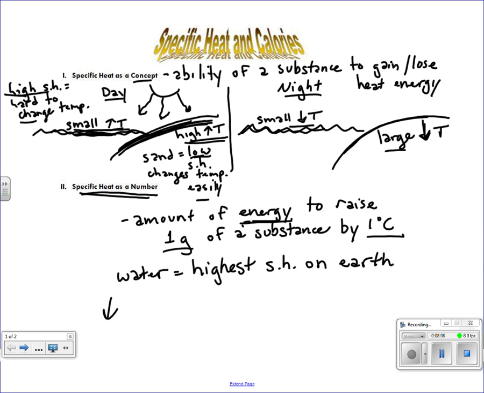If you look on the bottom towards that list, you see things where it's really easy to change temperature. Metals, for example, traditionally have very low specific heats. You'll see things like aluminum or copper. And this is why you'll see cooking pots with a thin layer of copper on the bottom.